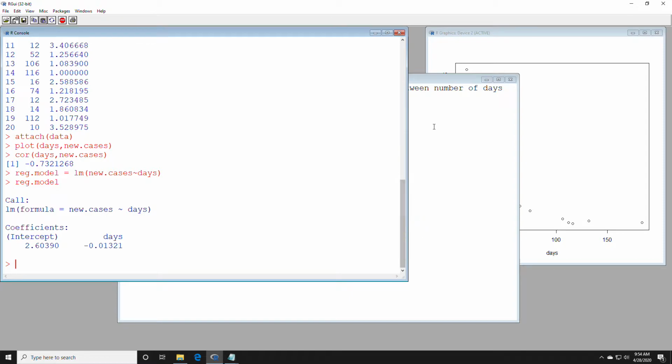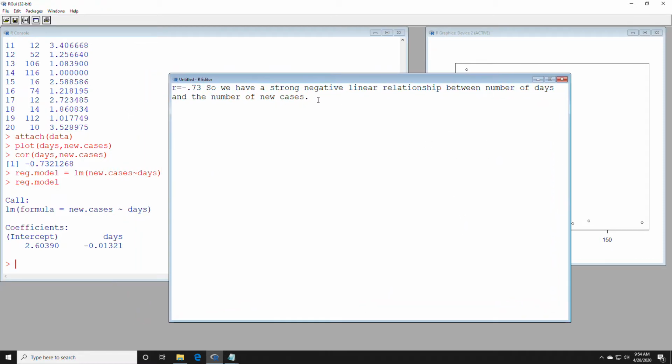And so we can see our fitted regression model is y hat is equal to 2.6 minus 0.01 times x. Putting that in terms of what we're talking about, the number of new cases is equal to 2.6 minus 0.01 times the number of days.